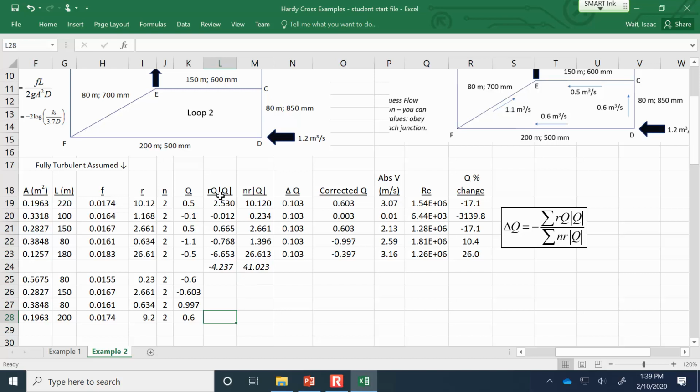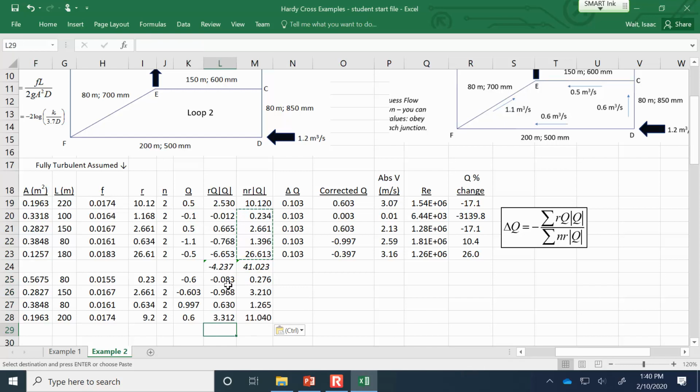Okay, now I need to do R times Q times absolute value of Q and sum it up at the bottom. So I'm going to highlight these four. I'll have to change the sum function though. So let me just highlight those four and paste. Highlight these four and paste. I'm pasting the equation.